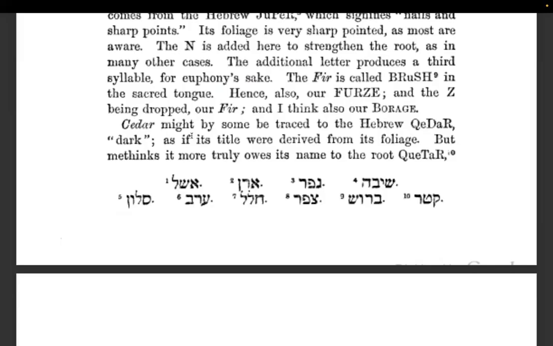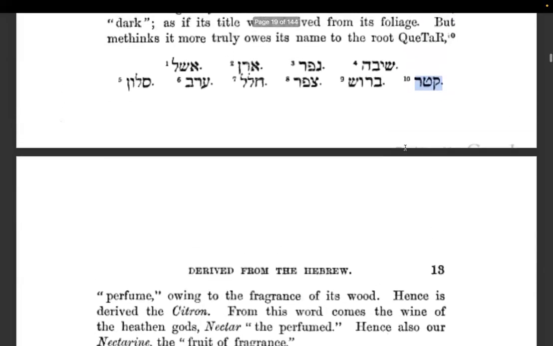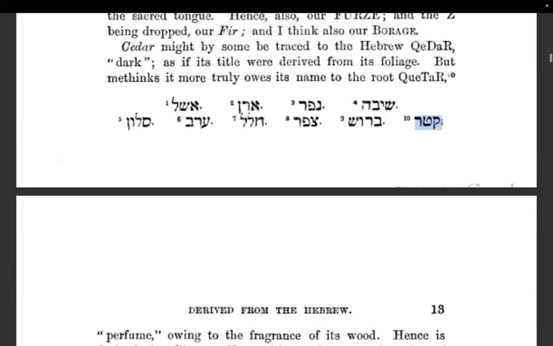Cedar might by some be traced to the Hebrew kedar, dark, as if its title were derived from its foliage. But methinks it more truly owes its name to the root kutar, and that's with the kof tet resh right here, kof tet resh, kutar, which the Q being a K being a C, just like you saw with the Greek making the gimel a K that became a C, is a phenomenon that happens when you change the language.